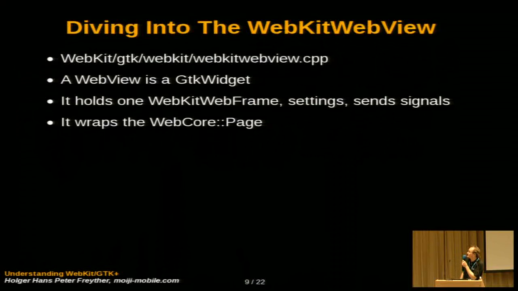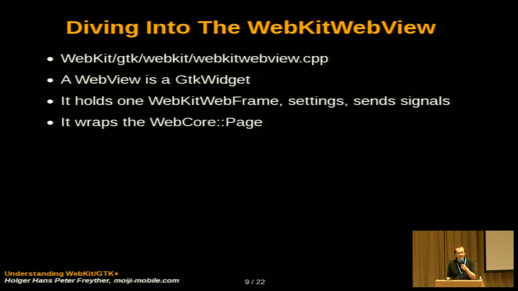So we allow users of our API to access settings that control, for example, whether a user can access local files or which font size to use and these things. And we send signals from this WebKitWebView on frame loaded or copy or paste or things like this.